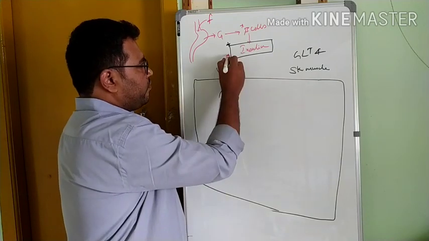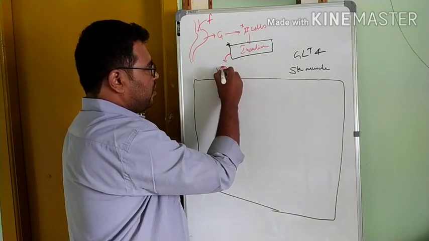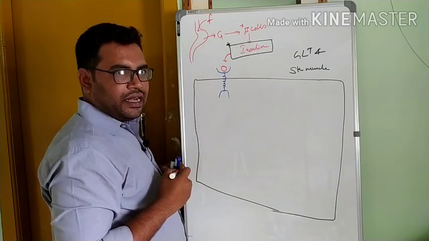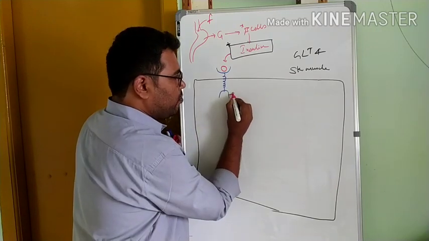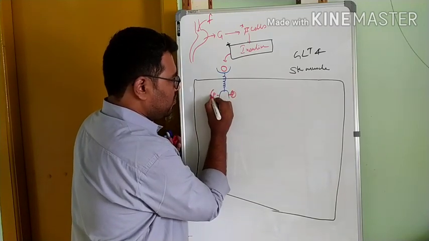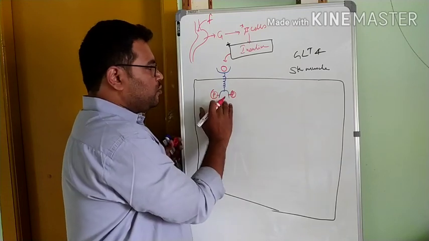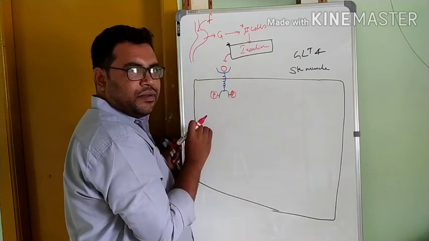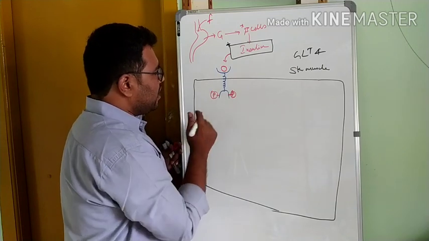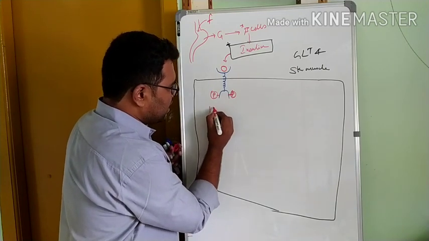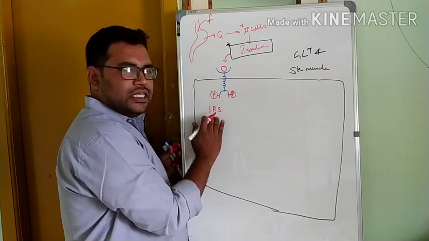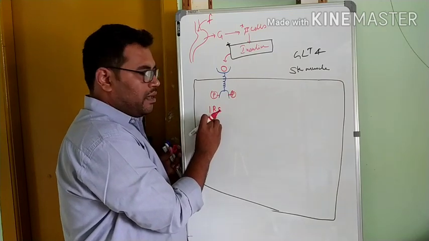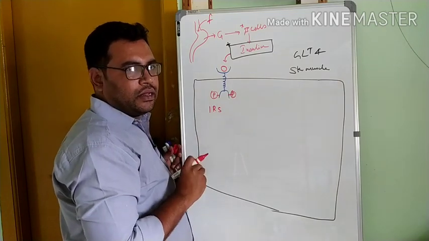When insulin reaches this receptor, it gets activated and gets phosphorylation. This phosphorylation of the intracellular side of the receptor will attract another molecule called IRS. IRS means insulin receptor substrate molecule, right?